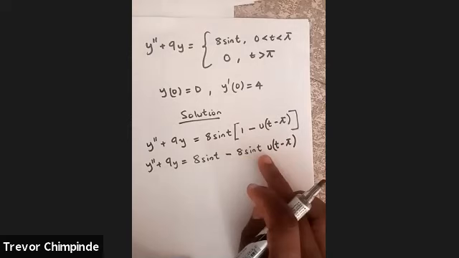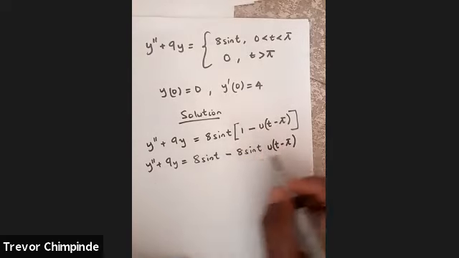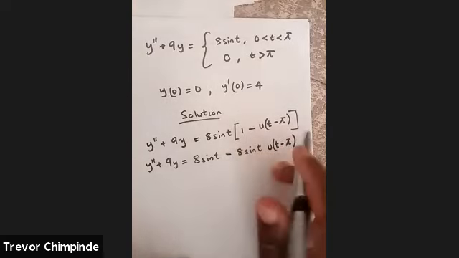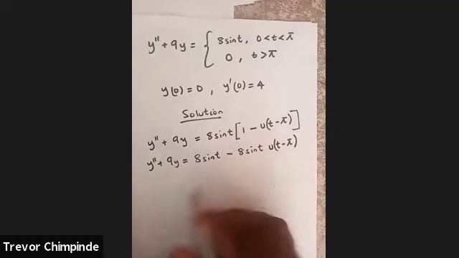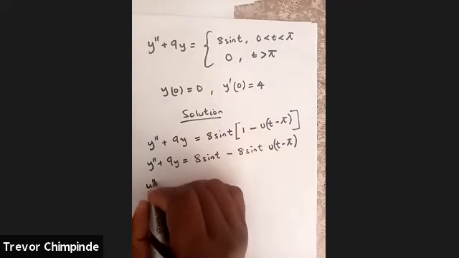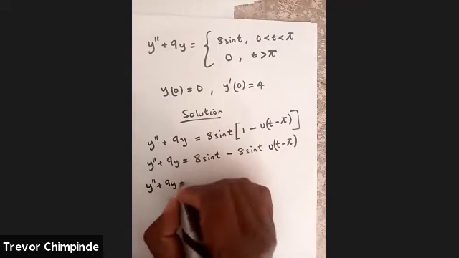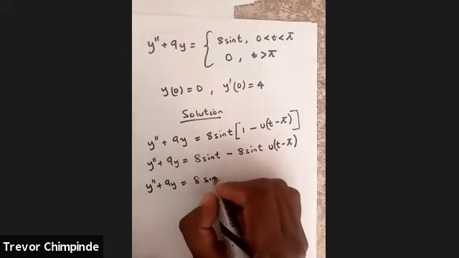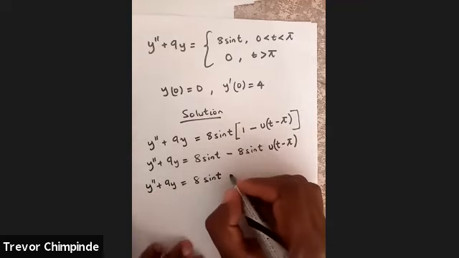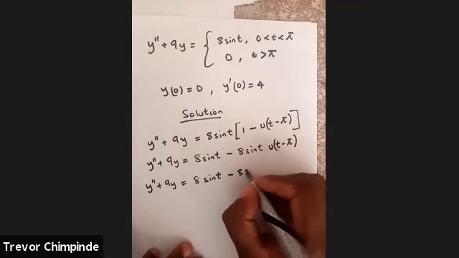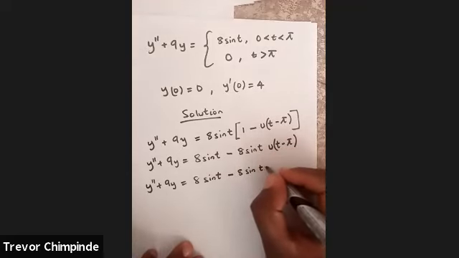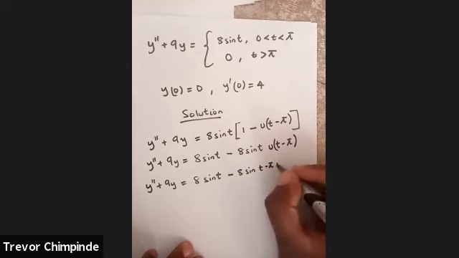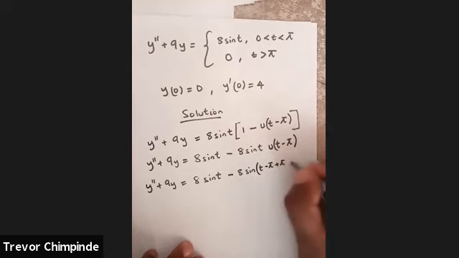Once you have this, what must come into your mind is that you have to use the t shifting theorem. So I'll rewrite it in the following way. y double prime plus 9y is equal to 8 sine t minus 8 sine. Instead of writing t, I'll say t minus pi plus pi, and then my unit step there.